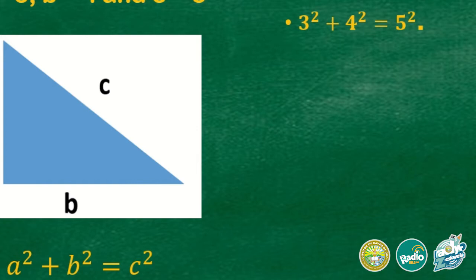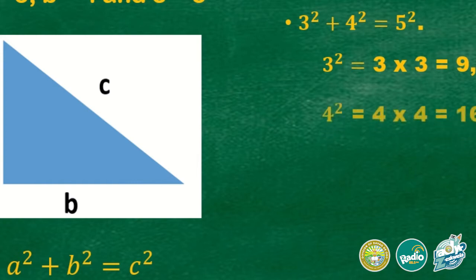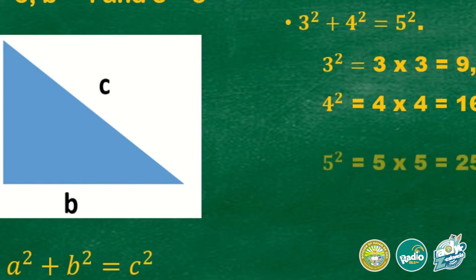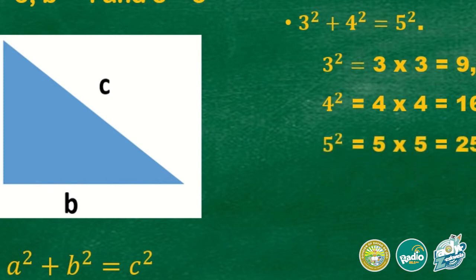To know if it is really true, we need to simplify it. 3 squared means 3 times 3, which is equal to 9. 4 squared is 4 times 4, which is equal to 16. And 5 squared is equal to 25.